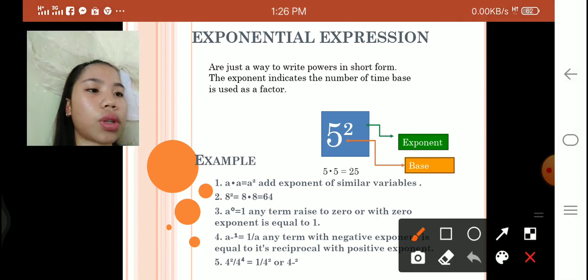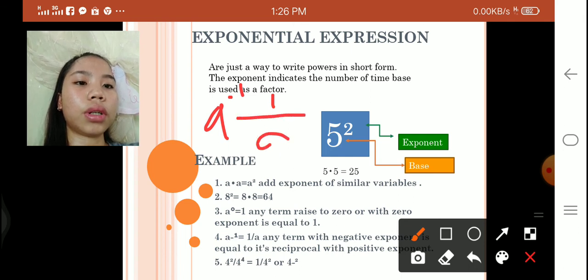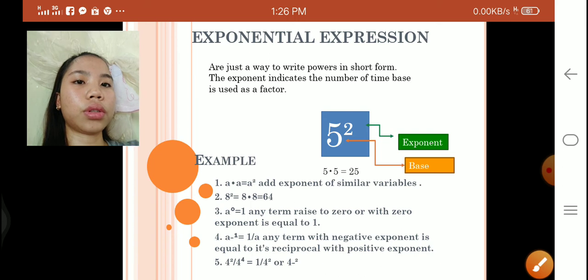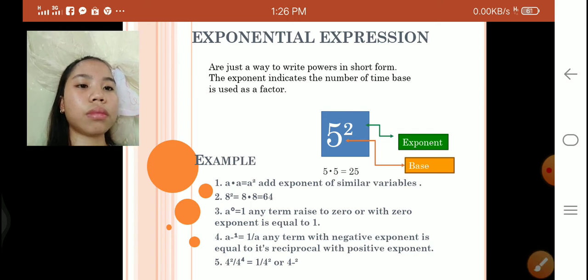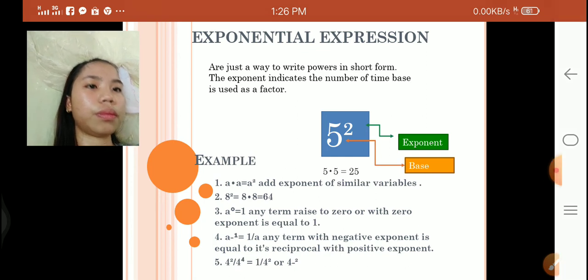If we write it as a fraction, a raised to the power of negative 1 is 1 over a. So the negative turns it to divide. Number 5, 4 squared divided by 4 raised to the power of 4 is equal to 1 over 4 squared, or 4 raised to the power of negative 2. It's the same as number 4.